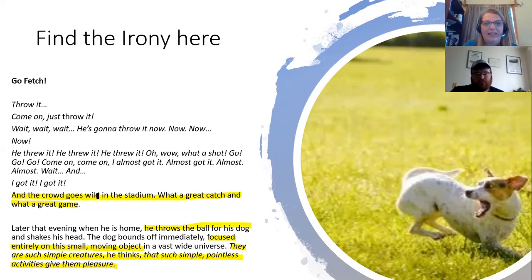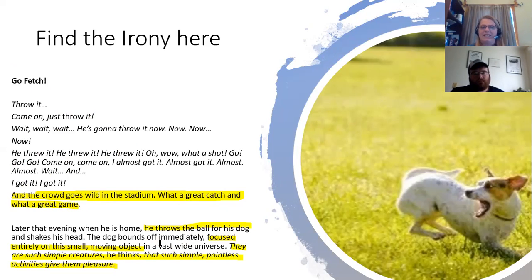But I love this. And the crowd goes wild in the stadium, right? So we have this situation here where the crowd goes wild in the stadium, and what a great game. And so obviously all of us humans have been in it. But you could almost take this exact same thing and figure that's what the dog was thinking in this next section.